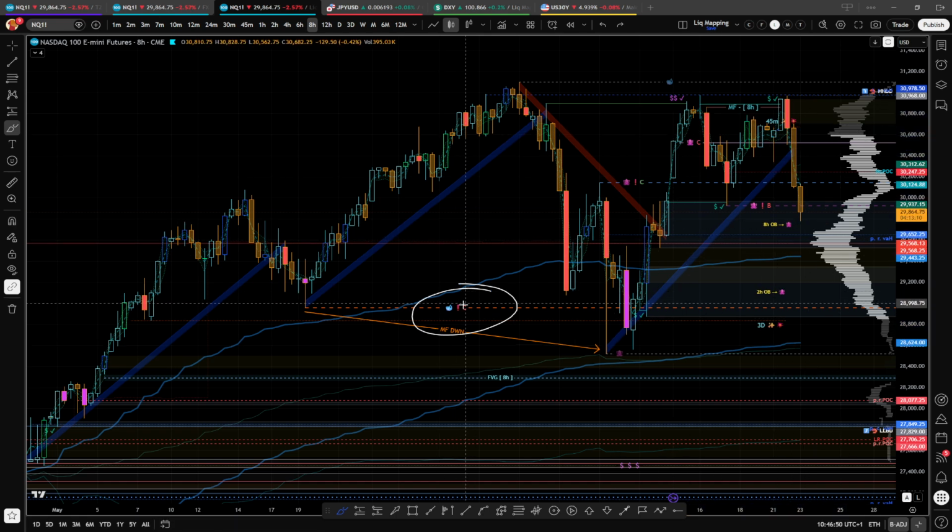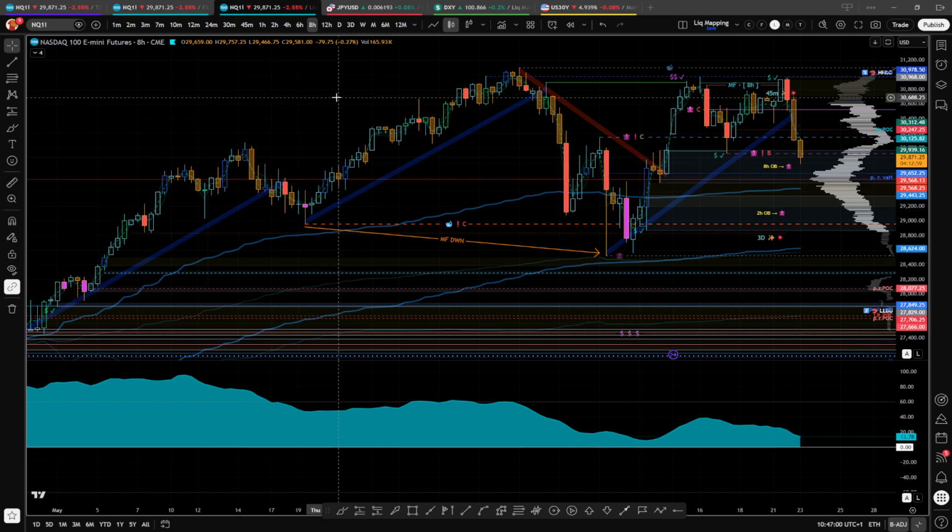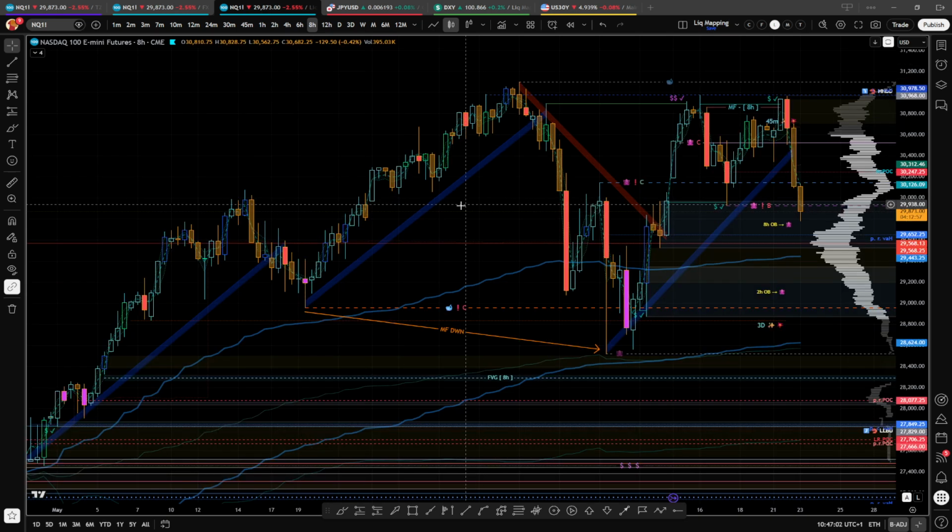But this was a large change of character with money flow coming out, which was on lower time frames, but either way, very large change of character, bearish, in my humble opinion.